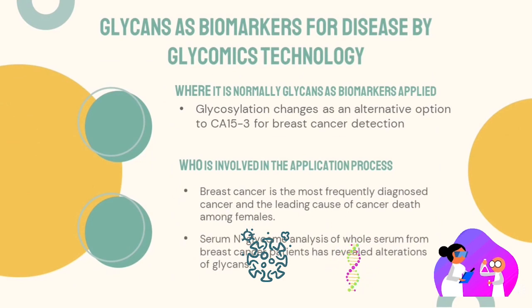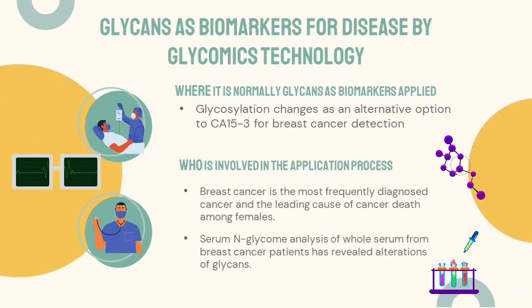So for why it's normally applied, glycans are often found to be involved in almost all human disease in one way or another, where they partake in morphological processes either at the multicellular level or at the single cell level. For example, here is glycosylation chain as an alternative option to A153 for breast cancer detection.